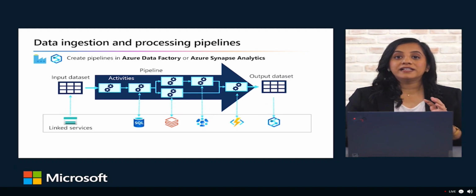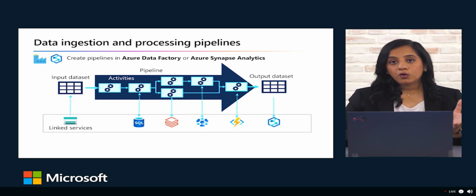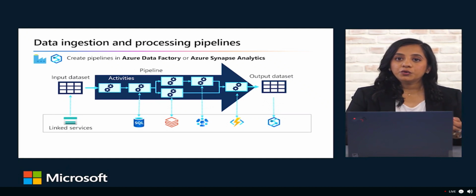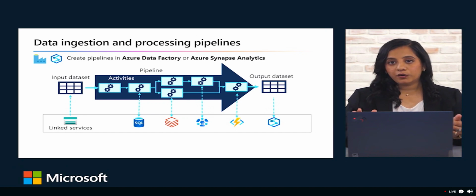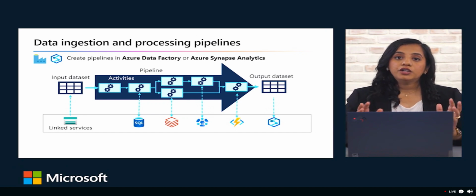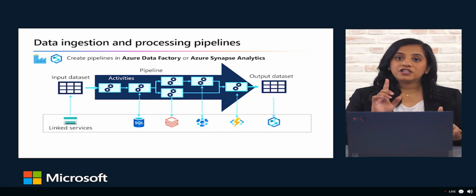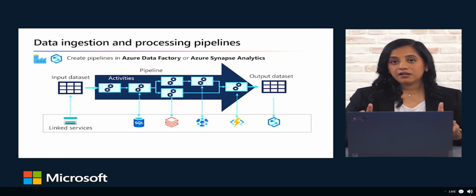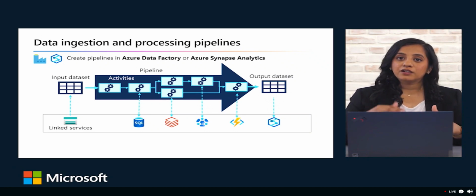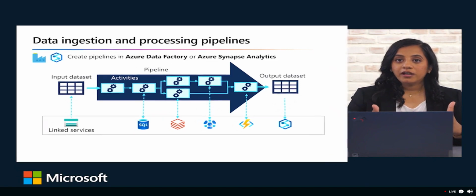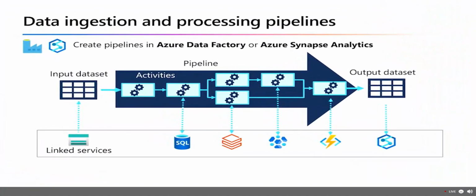The pipeline uses linked services to load and process data, which enables you to use the right technology for each step in the workflow. For example, you might use an Azure Blob Store from the storage account linked service to ingest the input data set. Because data is ingested through the Azure Blob Store, it is called the linked service here.